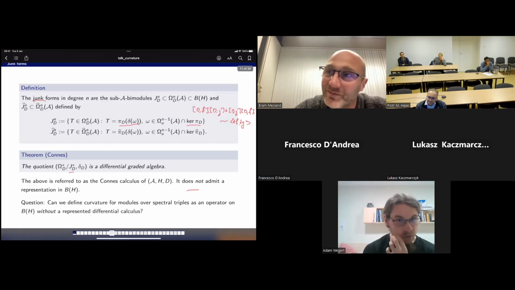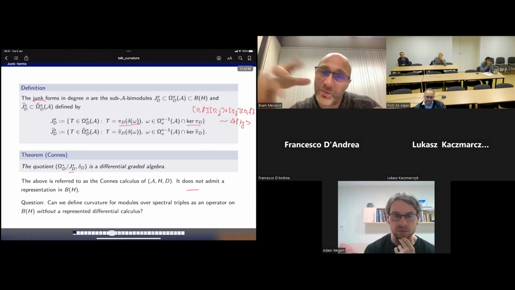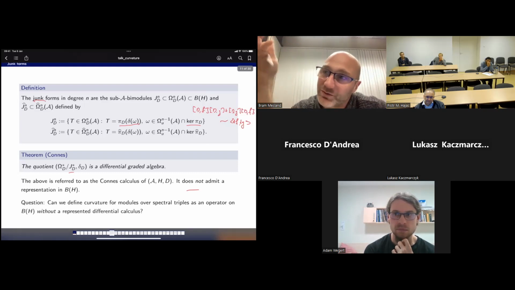So maybe the right way to think about it is that somehow the structure is richer, and then this would spoil the structure. The way I'm thinking about it, go back to the manifold case. There you're working on something like L2 of M or L2 of some bundle, and your representation is given by multiplication by functions or one forms.